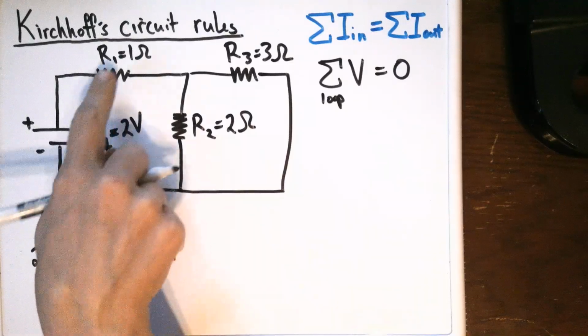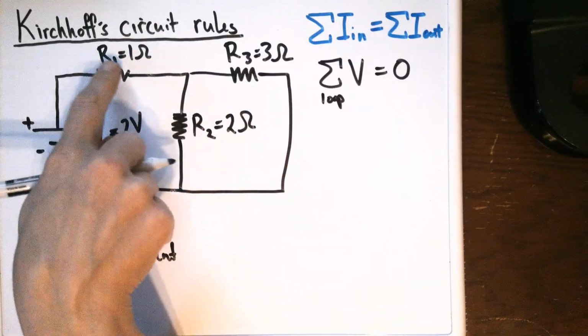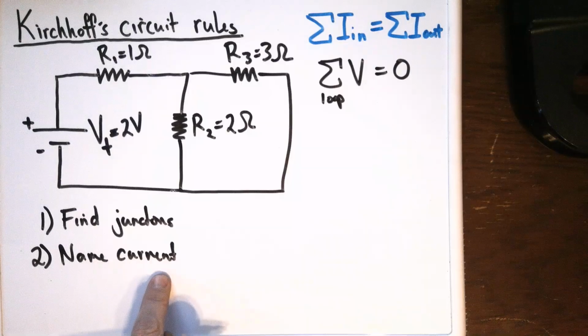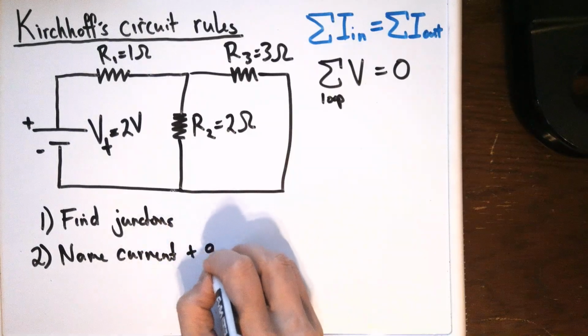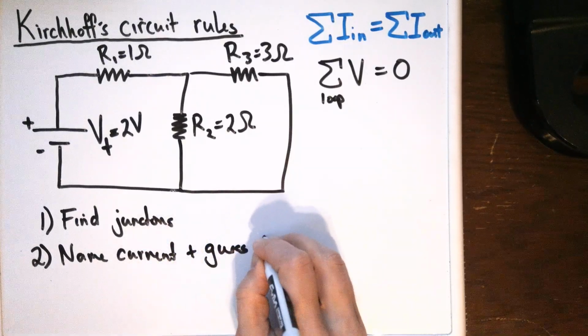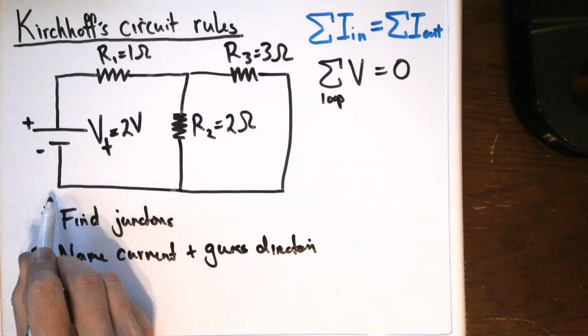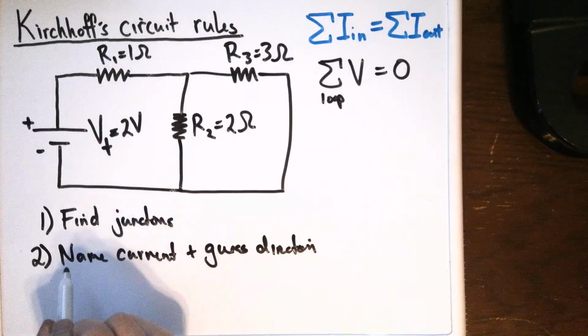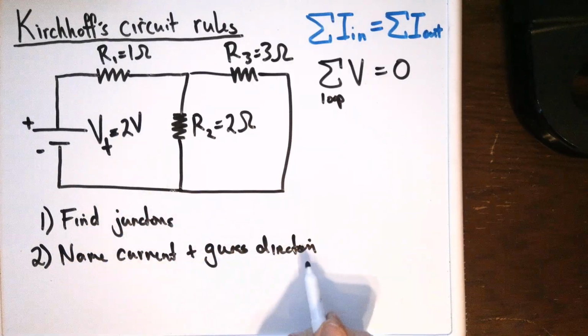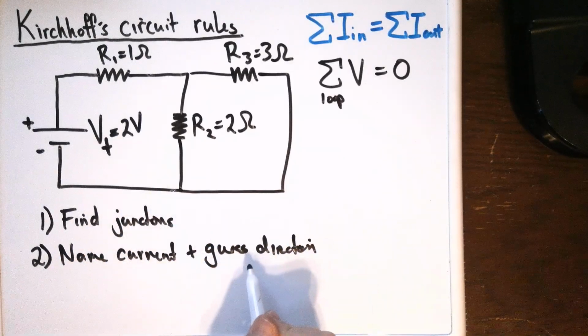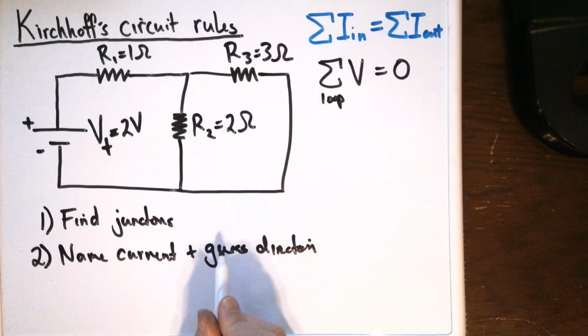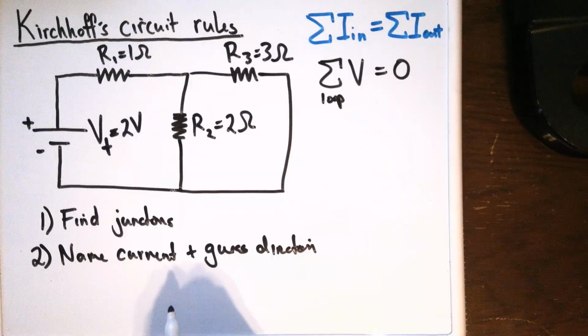We've called it V sub T, or the resistance of this first resistor, we've called it R1. So name the currents and guess the directions. So current has to flow either kind of this way or that way along the wire, and so we just need to guess, and our math will tell us if we've guessed right or not. You just have to be consistent and follow the sign conventions that I'll talk about in a minute.